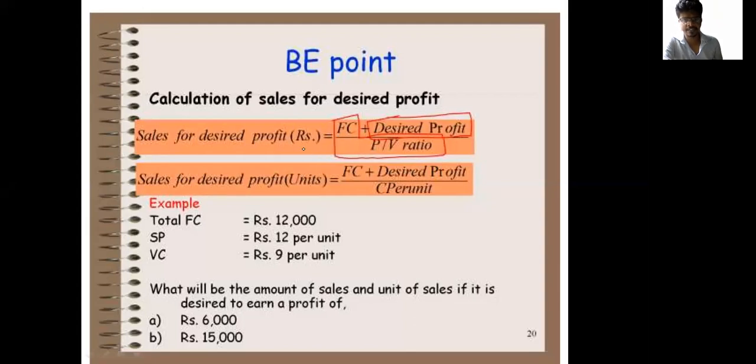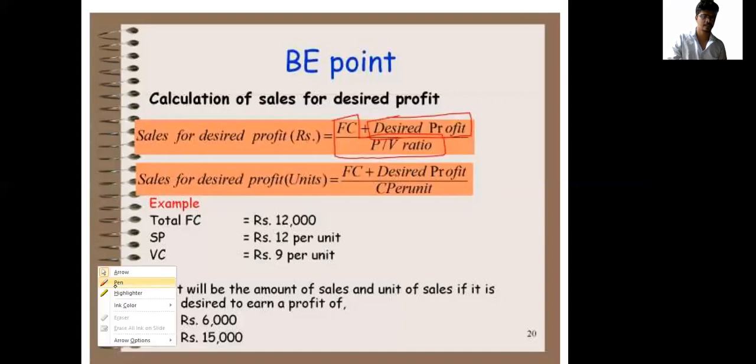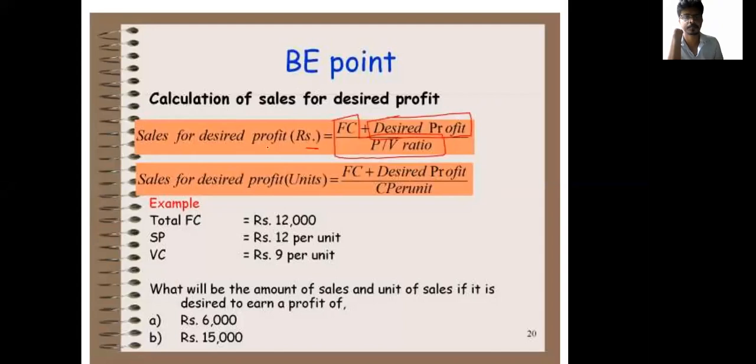It can be calculated in rupees as fixed cost plus desired profit, divided by PV ratio. In units, it is fixed cost plus desired profit divided by contribution per unit.